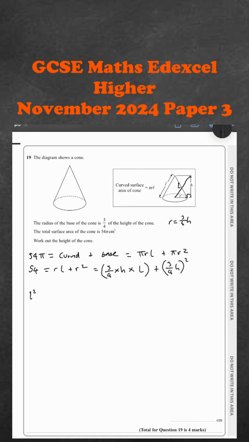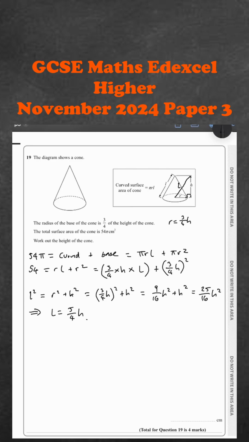So I can say that L squared equals R squared plus H squared using Pythagoras. We'll put the 3/4 H back in again as R, so 3/4 H squared plus H squared. That is 9/16 H squared plus H squared, which is actually 25/16 H squared. Therefore, L equals 5/4 H, as L can't be negative.